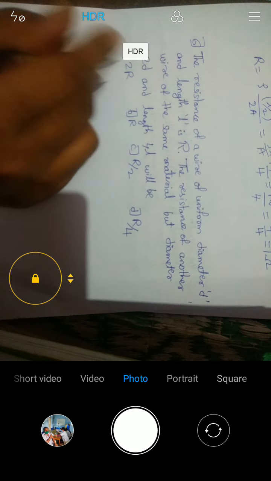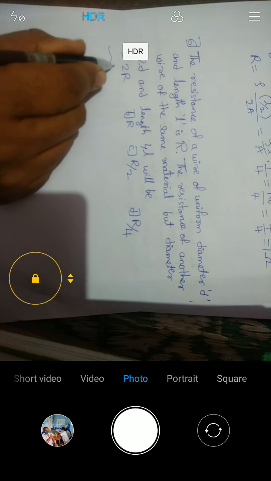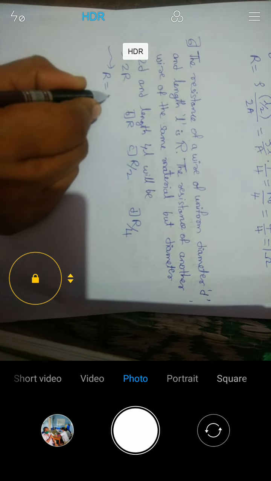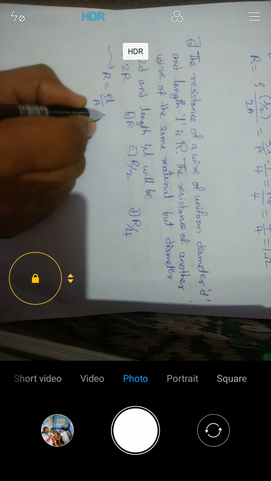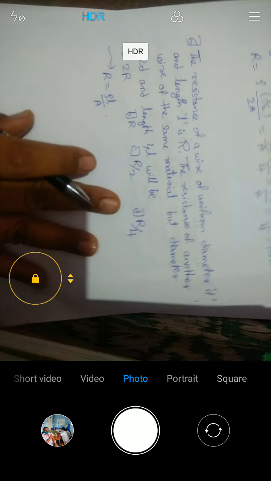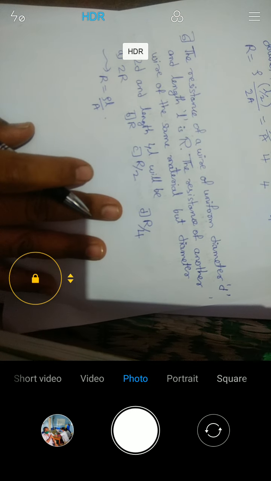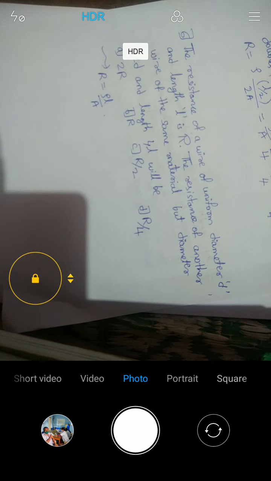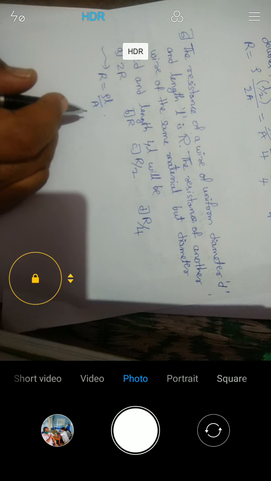We'll see again the relation, that is R is equal to rho L by A, where A is the area. Here the wire is having the area pi d square by 4.